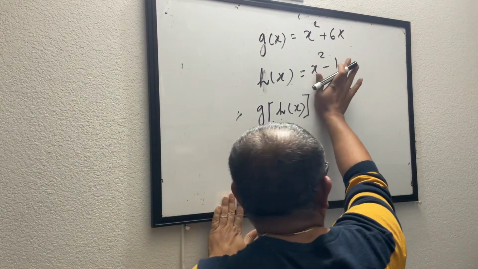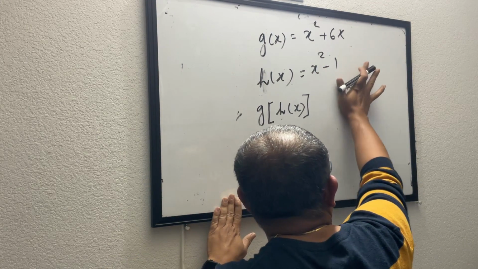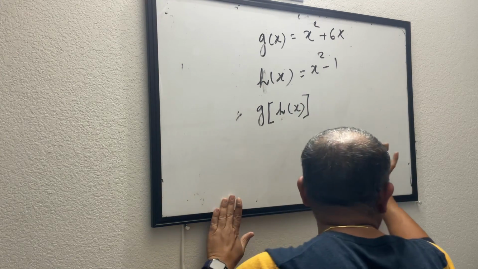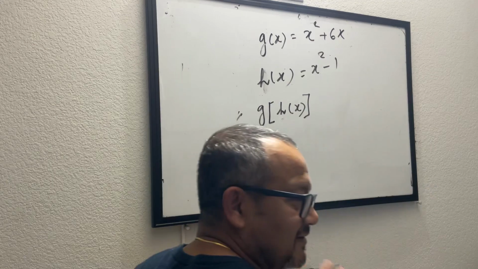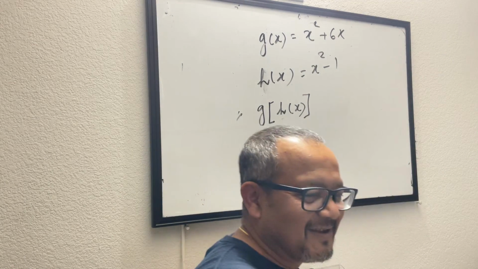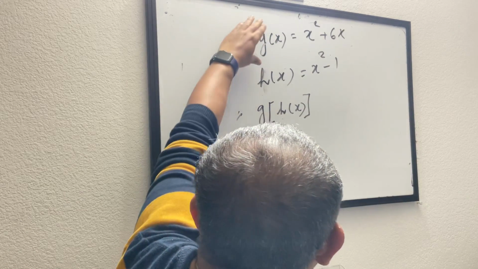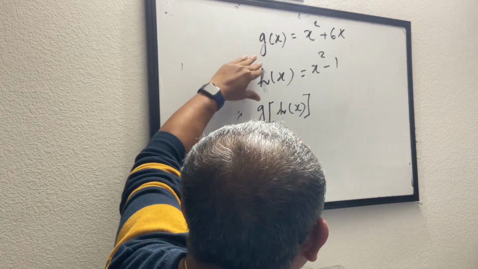Okay, I will not let you guys worry about it. Let me do it like a 5-year-old child. I know 5-year-old kids don't understand what a function is, but still, I will behave like a 5-year-old. So here I have a function g of x and another function h of x.